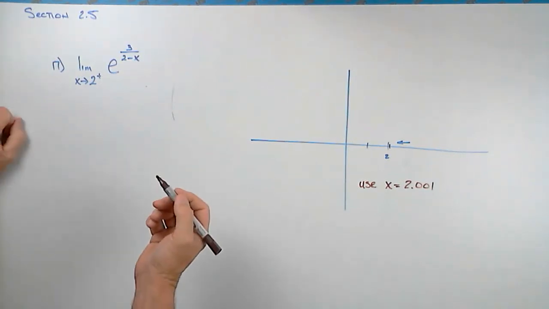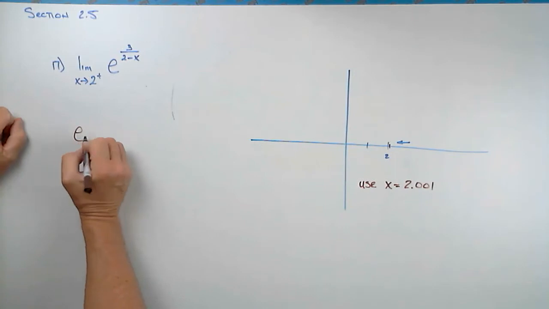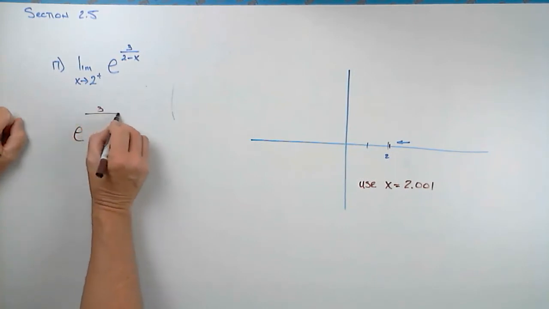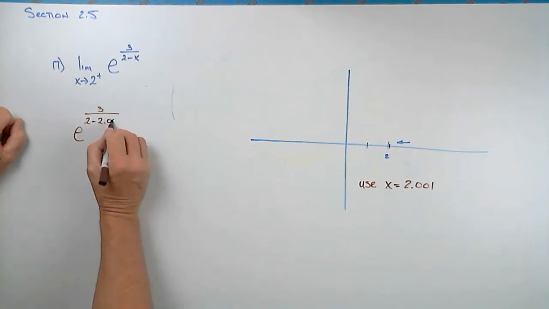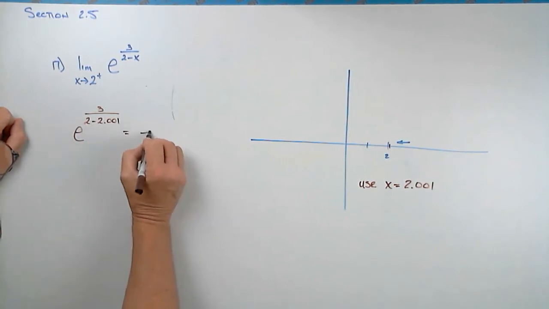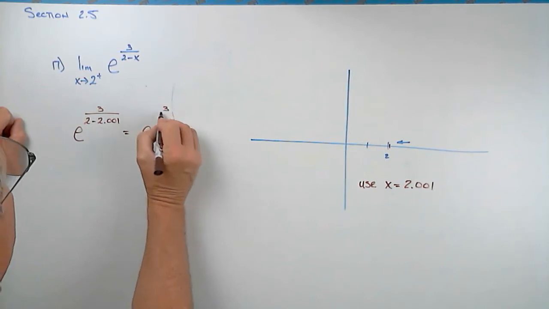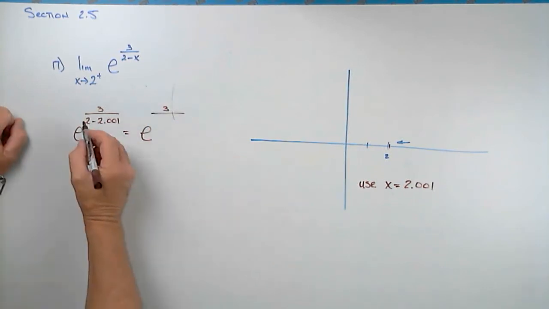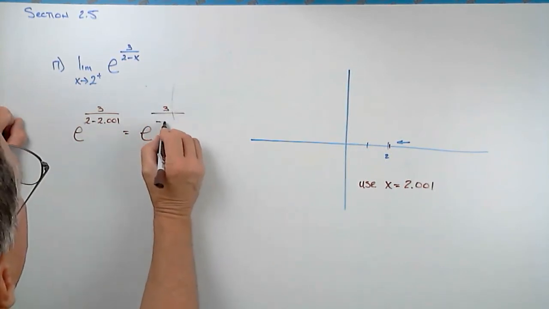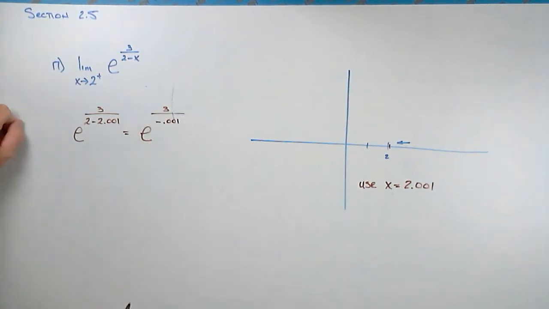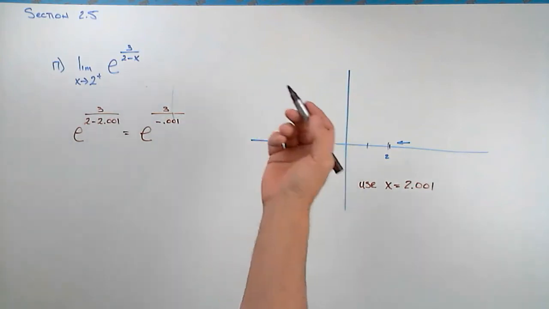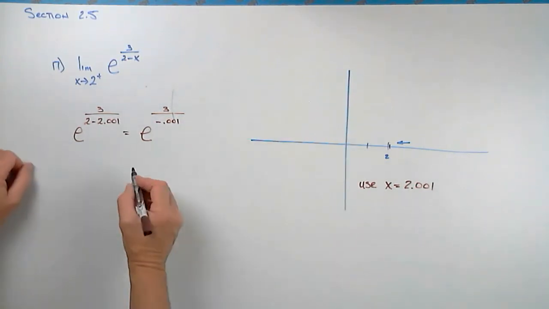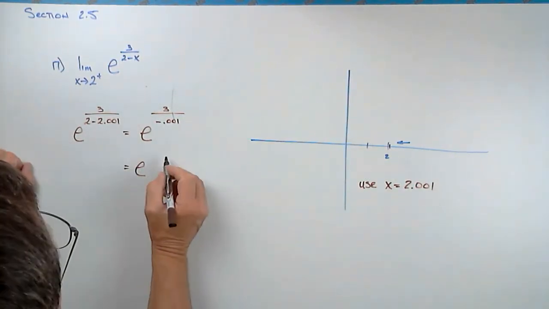Well, what does happen? I get e to the 3 divided by 2 minus 2.001, which is going to be e to the 3 divided by minus 0.001. Now 3 divided by minus 0.001 is minus 3,000.